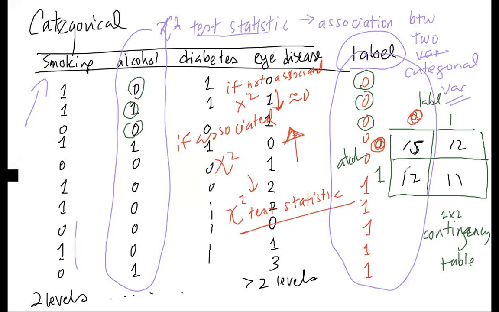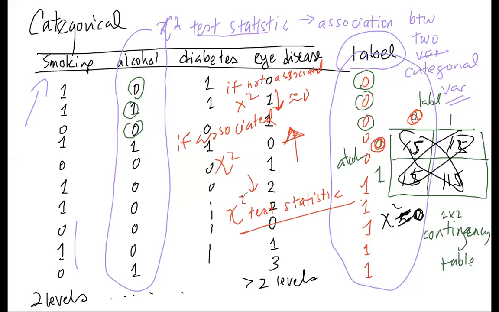In this case, your chi-square will be quite low. In fact, if it's exactly the same, totally uniform, your chi-square will be equal to 0. There's no association. Association means there's some kind of bias, for example biased on the diagonal or biased to the off-diagonal. If there's no particular direction, then there's no association.